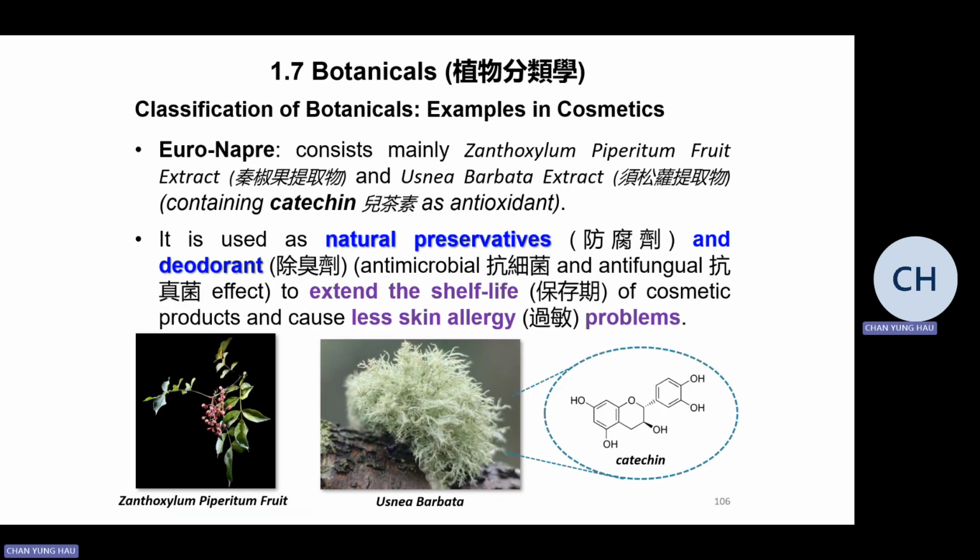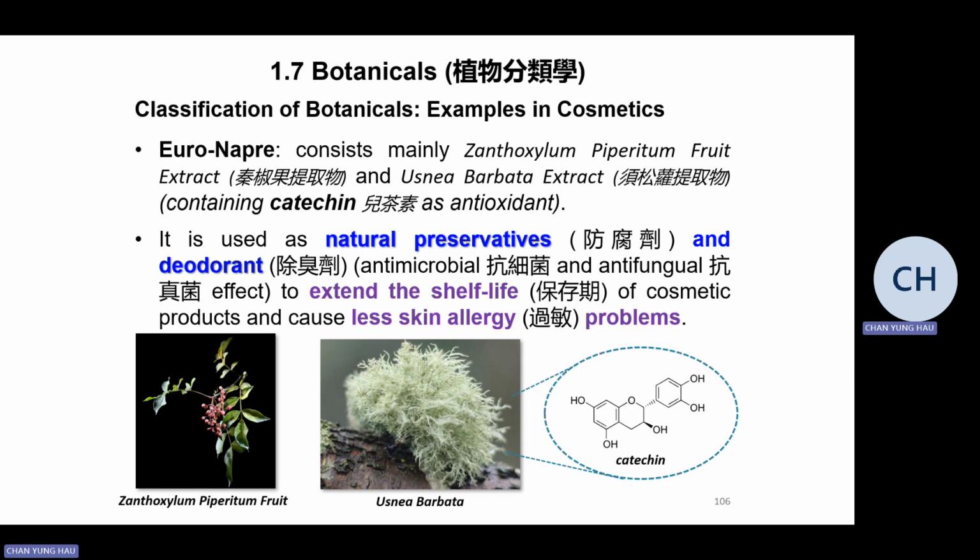The last one that I would like to share with you is natural preservatives. You can see in many cosmetic products, preservatives must be added to extend the shelf life, right? But most of them are chemical preservatives that may cause allergic reactions to allergic, sensitive skin.